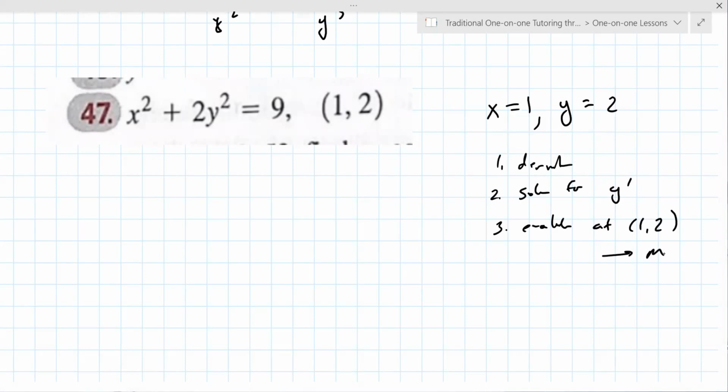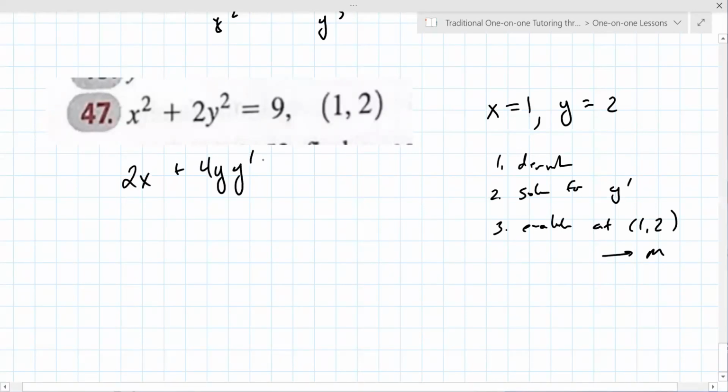Okay. Was it just 2x plus 4y y prime equals 0? Yes, that sounds correct. So y prime equals minus 2x over 4y.